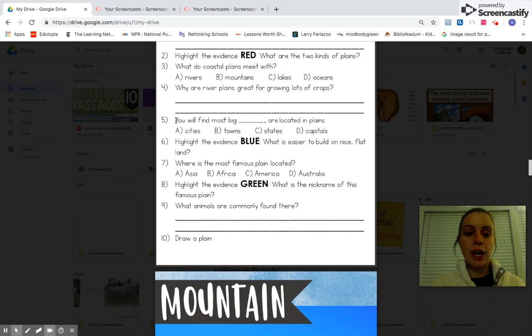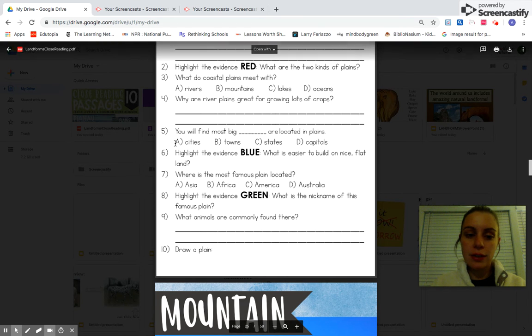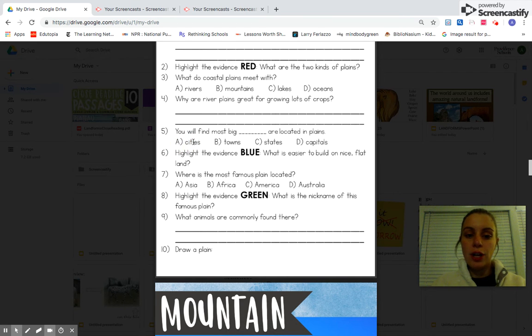Okay, number 5. You will find most big blank are located in plains. So what types of places are located in plains? Answer A, cities, B, towns, C, states, or D, capitals. Okay, so pause and answer it.